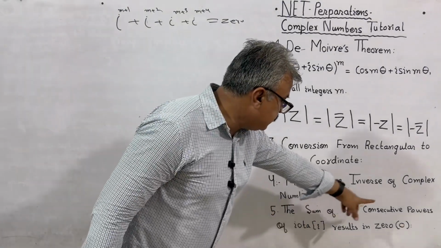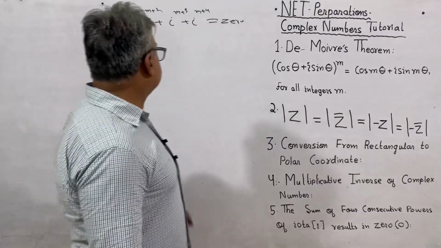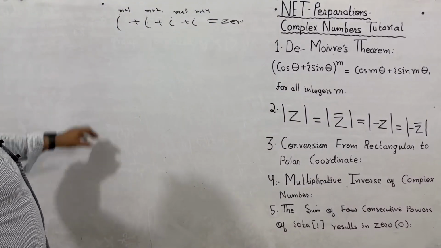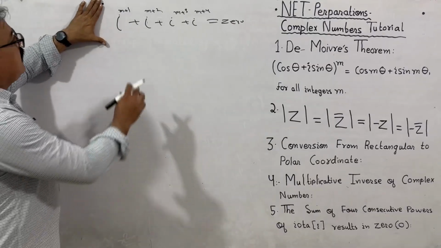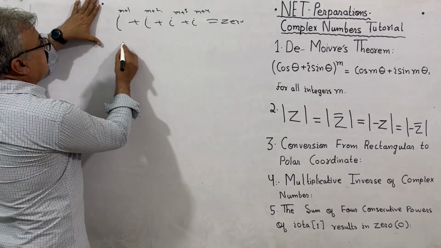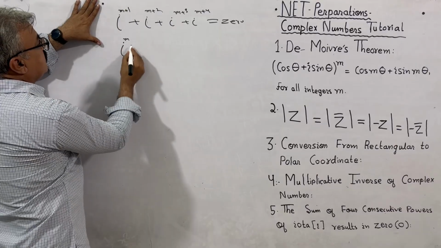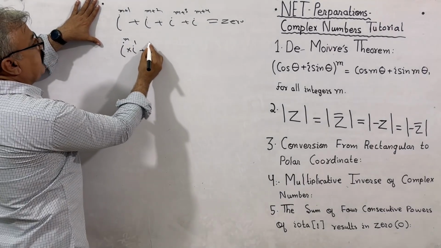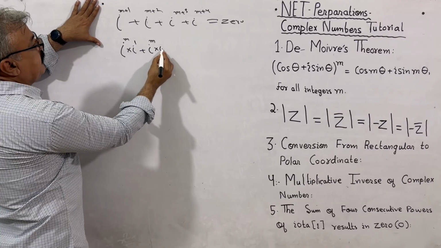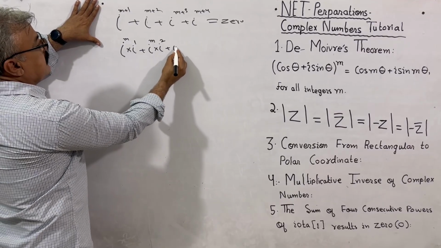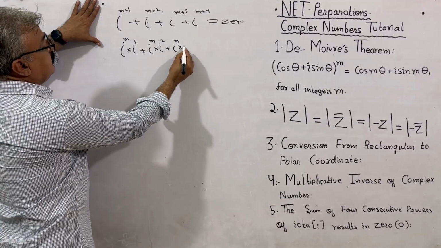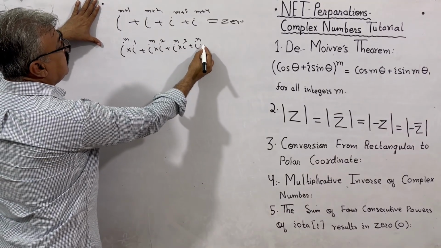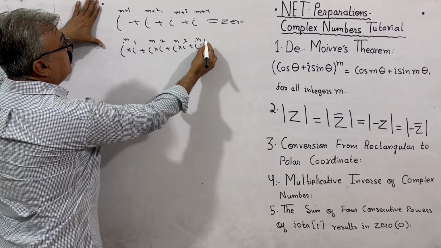Here m may be negative, may be positive, whatever. According to the exponent rule, I can write iota raised m plus 1 as iota power m times iota power 1, plus iota power m times iota square, plus iota power m times iota cube, plus iota power m times iota 4.